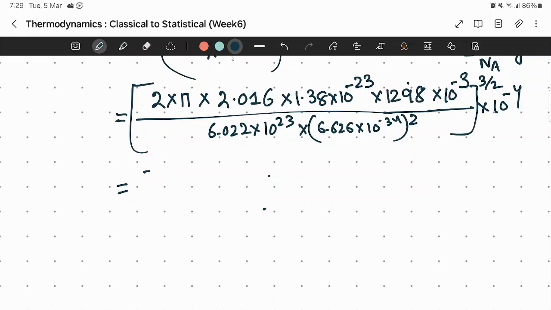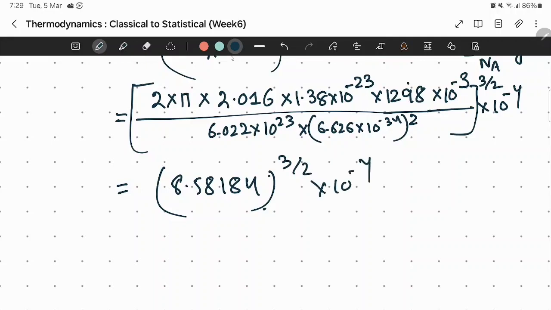It is actually 8.58184 to the power 3 by 2 into 10 to the power minus 4.